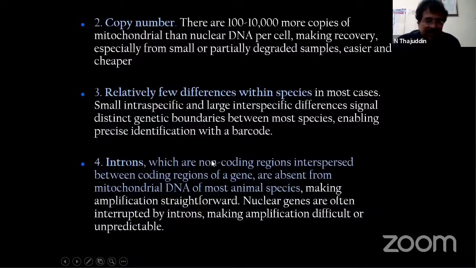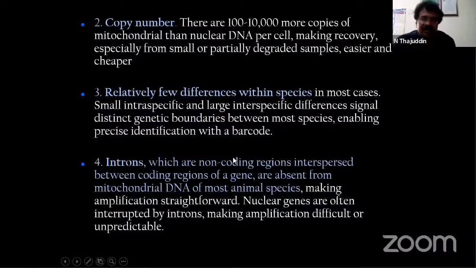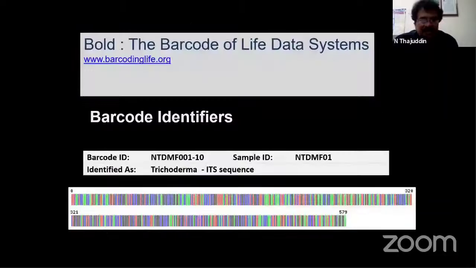So that's why it is really an undisturbed sequence, and that's why people are using the COI gene for the barcoding of animals.